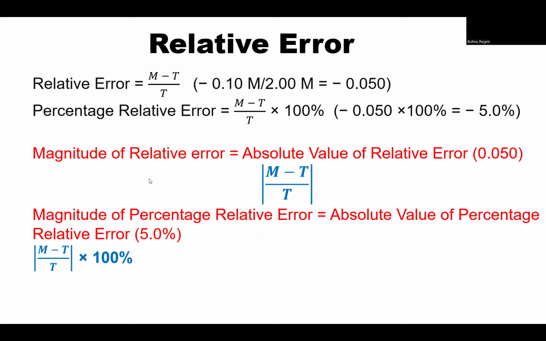And you can see sometimes authors write absolute value of relative error. Sometimes you can see magnitude of relative error. Or you can see magnitude of percentage relative error or absolute value of percentage relative error.